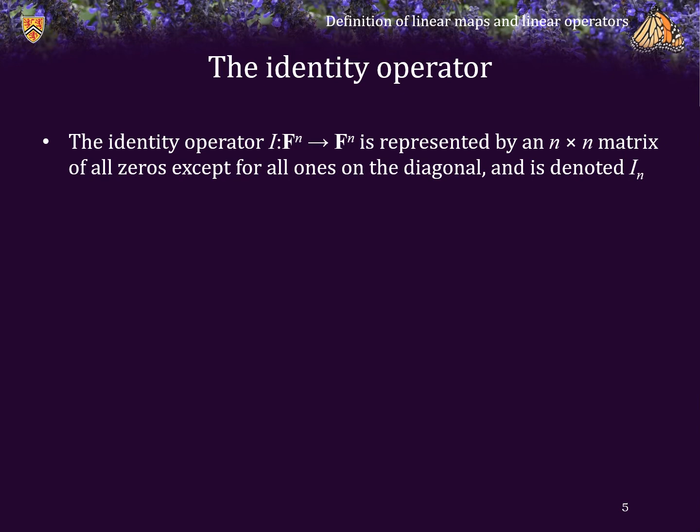The identity operator mapping a vector space F^n to itself is represented by an n by n matrix of all zeros except for all ones on the diagonal, and is often denoted as I subscripted with n.